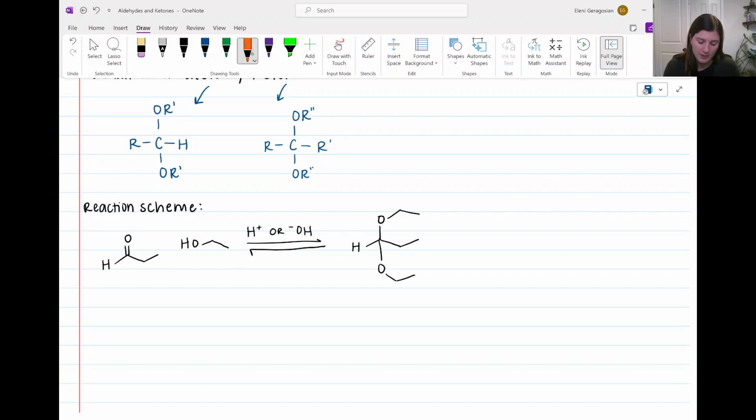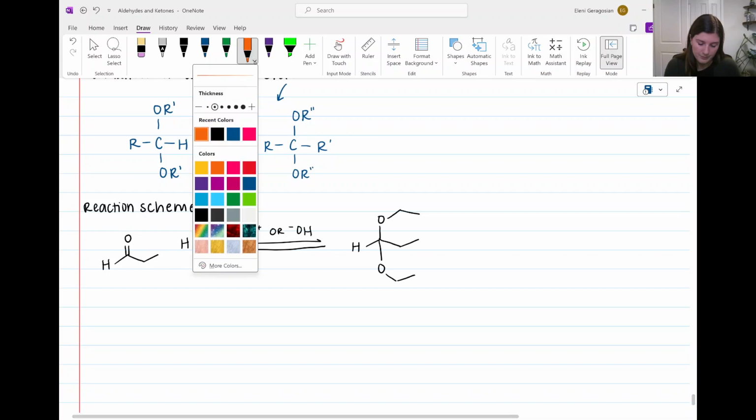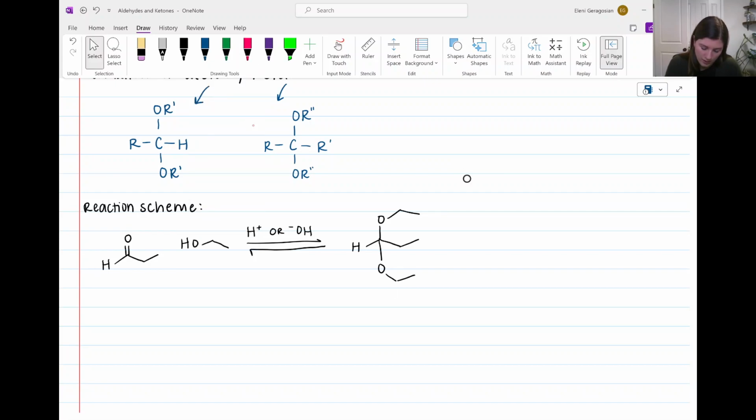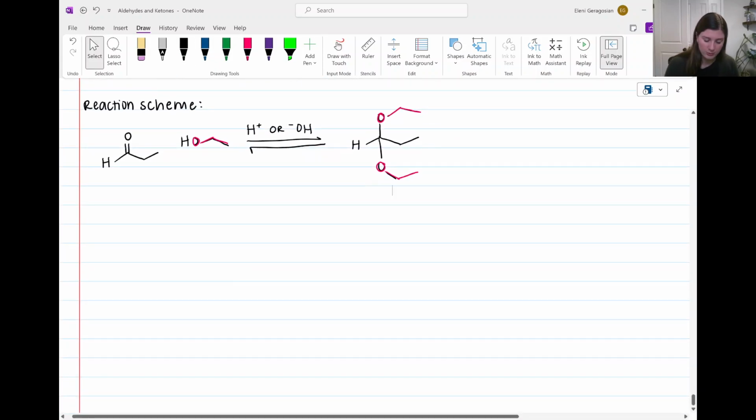So in this molecule, the OR groups, and in the mechanism we'll see, come from that alcohol that is the solution. So the alcohol bonds twice to the carbonyl carbon. So let's do the mechanism, and we'll do acid catalyzed again.